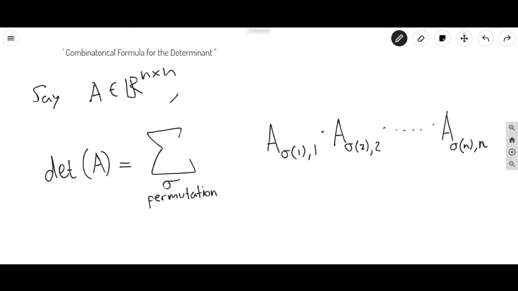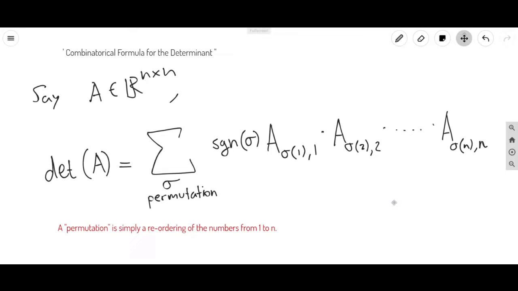The way you write this is you just write the sign, SGN, of the permutation. And a permutation is simply a reordering of the numbers from 1 to n.